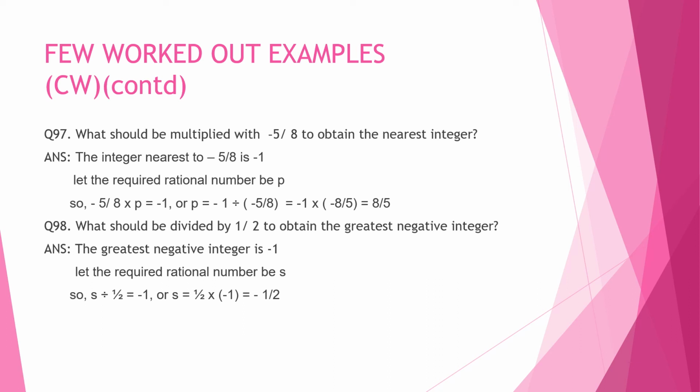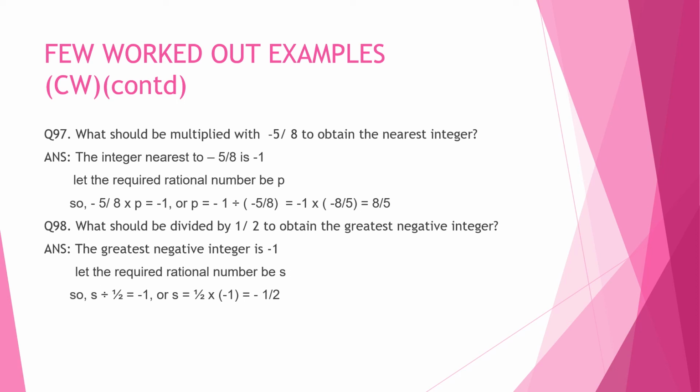So the nearest integer to minus 5 by 8 is minus 1. So now the sum is, what should be multiplied by minus 5 by 8 to get minus 1. If you assume it as p, then minus 5 by 8 into p is equal to minus 1, or p is equal to minus 1 divided by minus 5 by 8, and the final answer is 8 by 5.